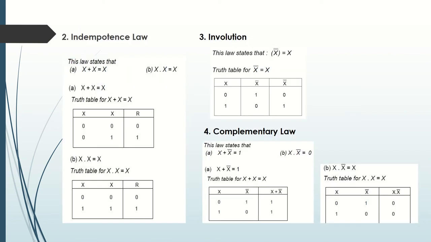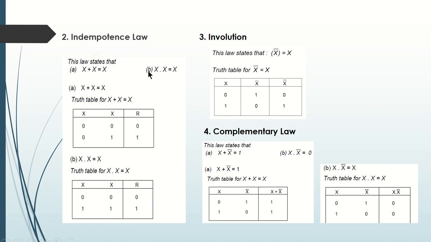The second theorem is the idempotence law. This law states that x plus x is equal to x. x will take the value either 0 or 1, and when you add it with the same value, the result is the same.